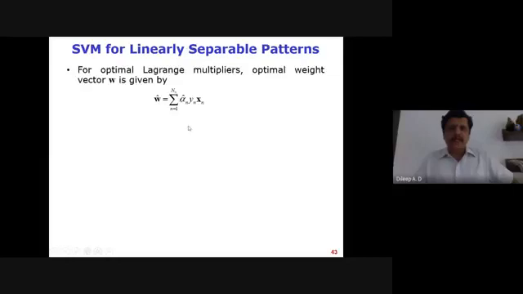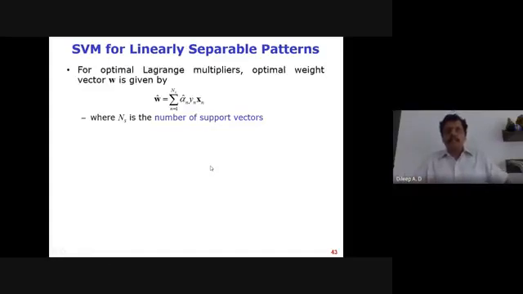Ns is nothing but the number of support vectors for which the Lagrangian coefficients are non-zero. So now we have only that subset of examples, and these support vectors are nothing but the examples which are on the boundary. That is the outcome of this training procedure.